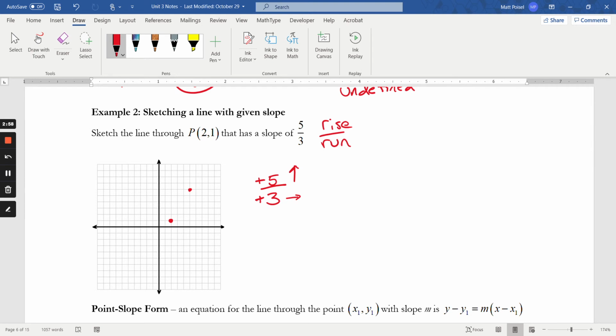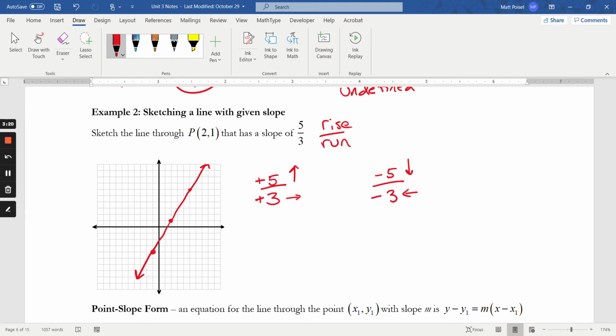I'd really like to have more than 2 points. So -5 over -3 is actually the same thing. That reduces to 5/3 also. That means we're going to go down and left. And there's enough points. Now we can connect that and make that a pretty good line.